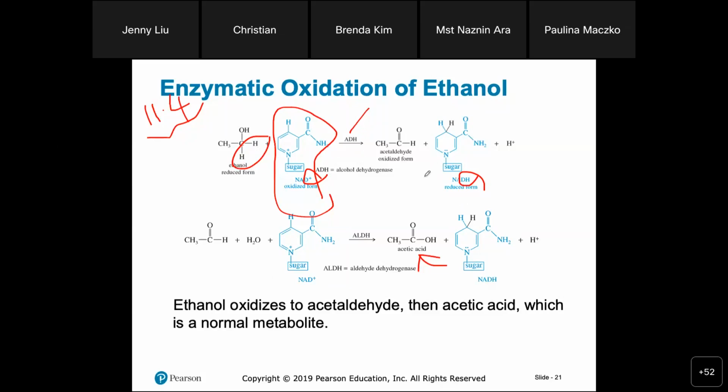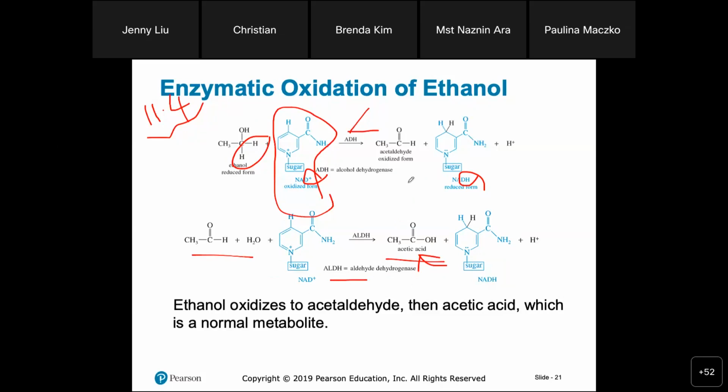If this reaction continues, acetaldehyde produces acetic acid. The first step is alcohol dehydrogenase, ADH, and here the aldehyde dehydrogenase, ALDH, and we use the same NAD.